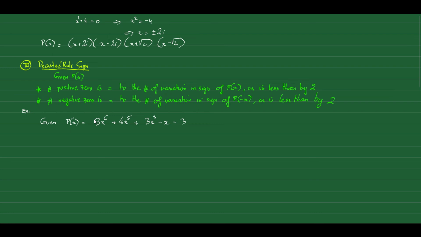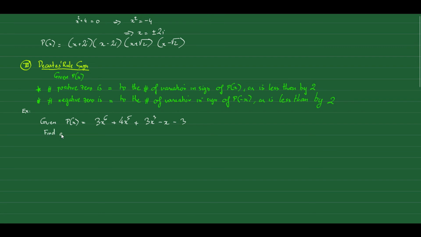According to the fundamental theorem, the total we have is n, the n number of zeros. That's the total. So let me put the question first.